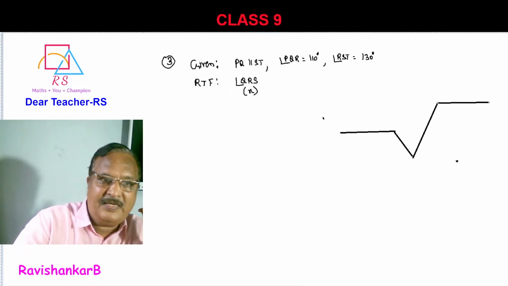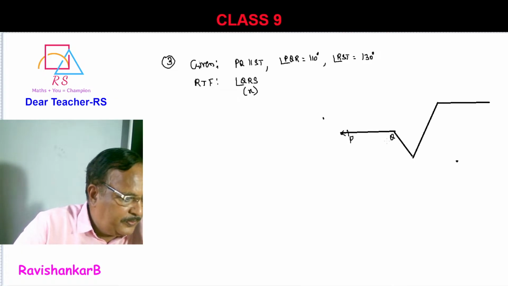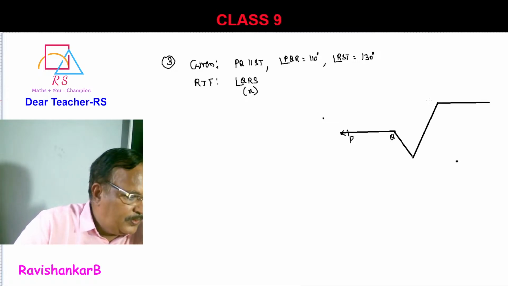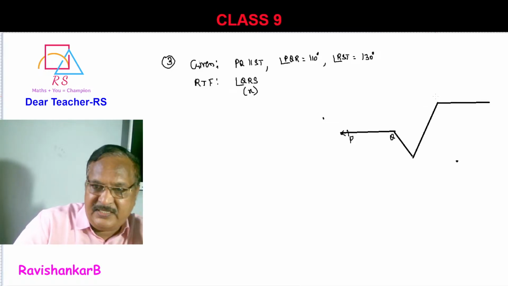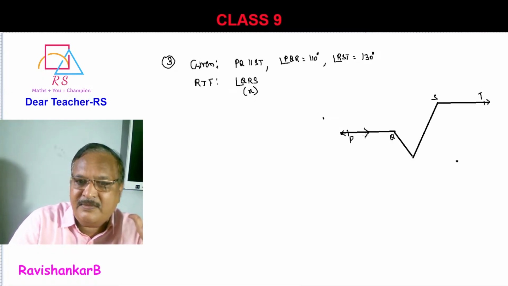So now I will label and I will indicate which line is parallel. So this is PQ. PQ is parallel to ST. This is S and this is T. So both are parallel lines. I will indicate the parallel symbol like this, so that you will understand.